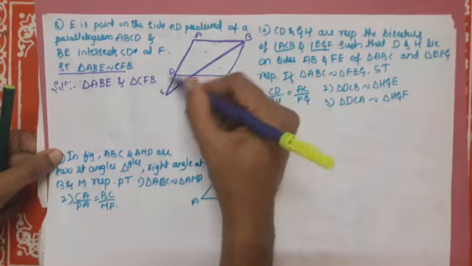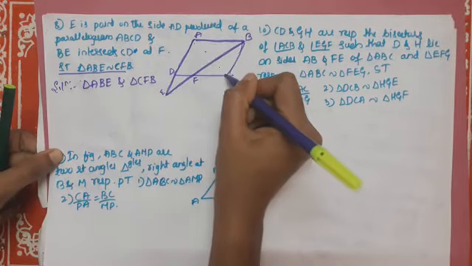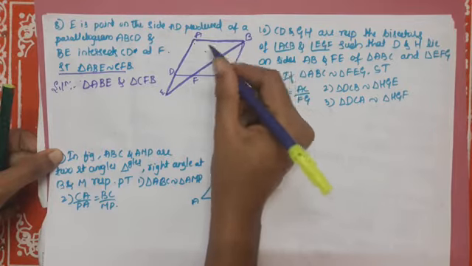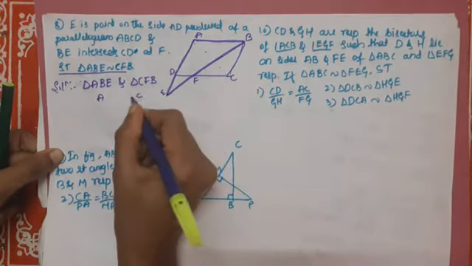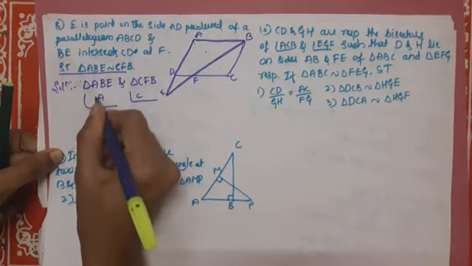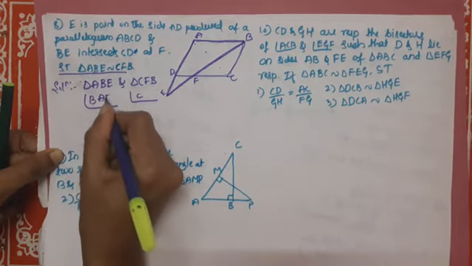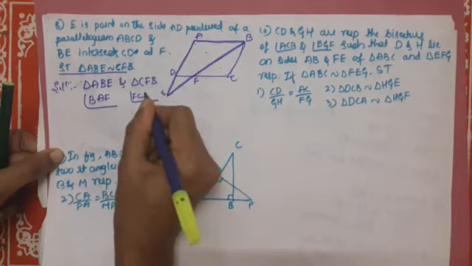In these two triangles, angle A equals angle C, because opposite angles of a parallelogram are equal. Angle A, that is BAE, and angle C, that is FCB.